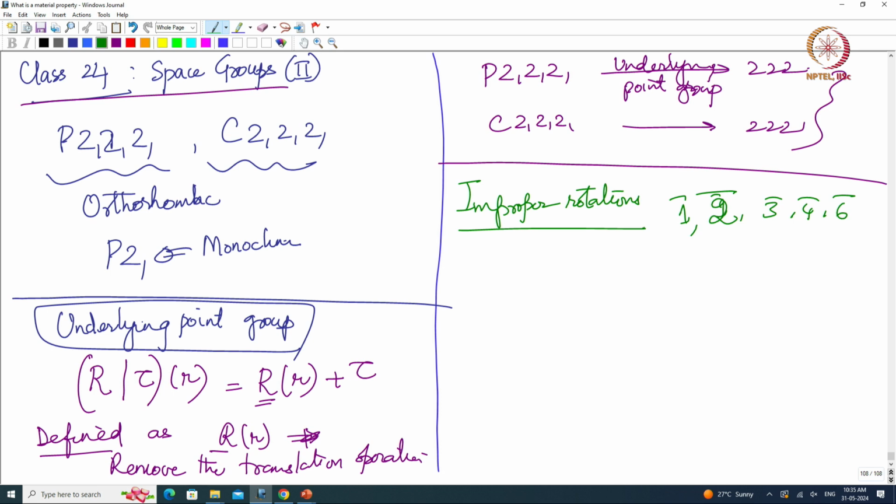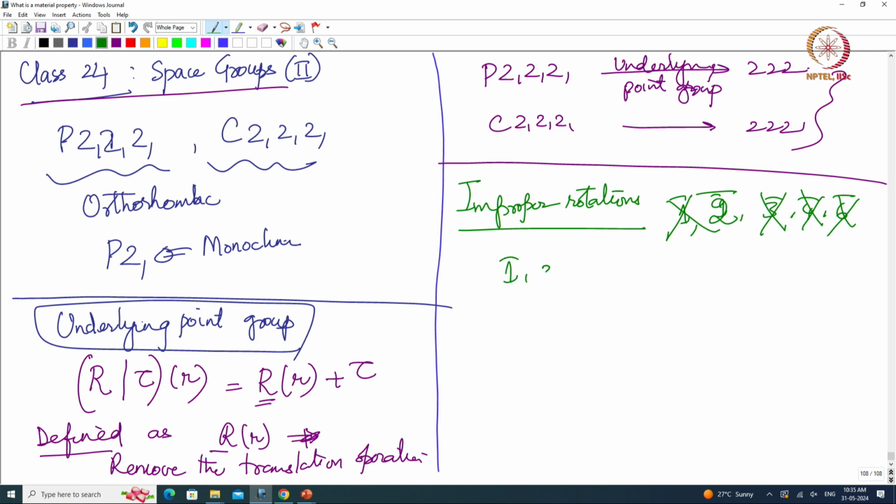Turns out that if I combine some sort of sublattice translation, all these things, I mean, we can prove it, but not necessarily in this course. So all these operations are not compatible with sublattice translations, right.